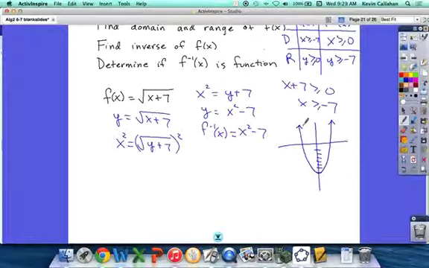But then you've got to apply the domain, right? The domain says it's x greater than or equal to 0. Well, x greater than or equal to 0 is only the right side of that parabola, right? You would not include both sides because the domain says only include the x greater than or equal to 0 side. So you would have to go back and take out this part right here.